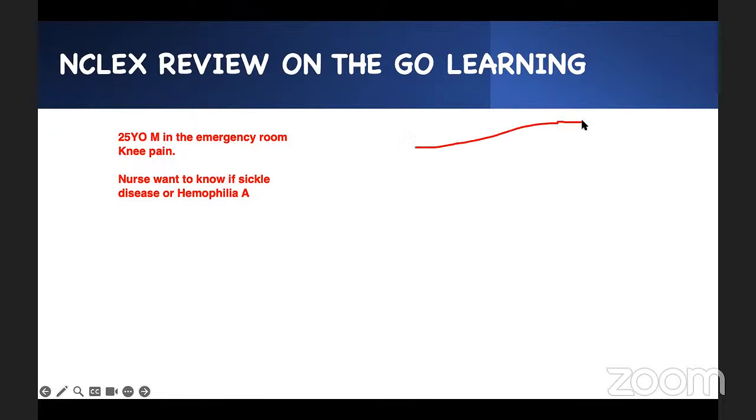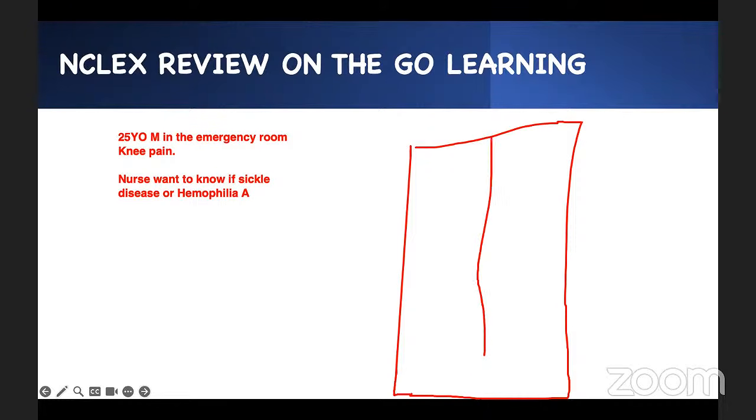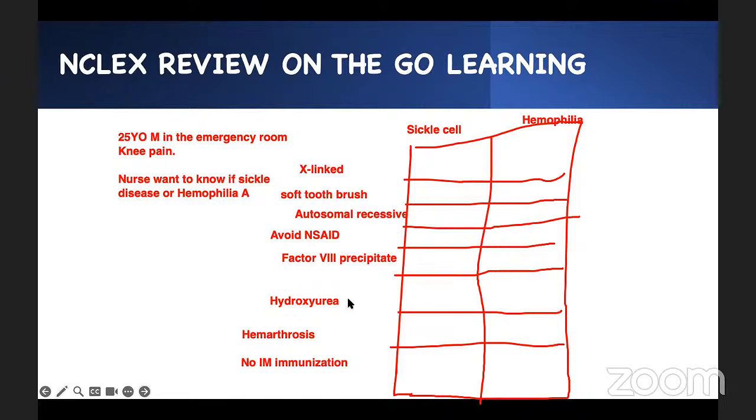So as usual, I give you a table and then you figure it out based on the symptoms I'm going to give you. Like I told you, these are concepts for each individual disease process. So sickle cell. The next one is hemophilia. Which one goes to sickle cell? Which one goes to hemophilia?